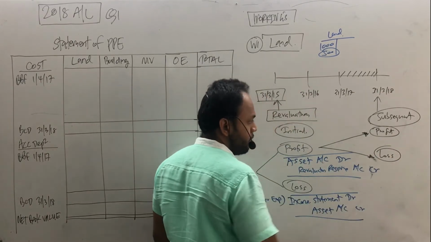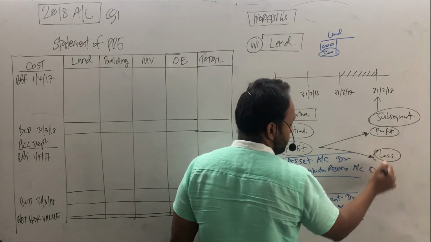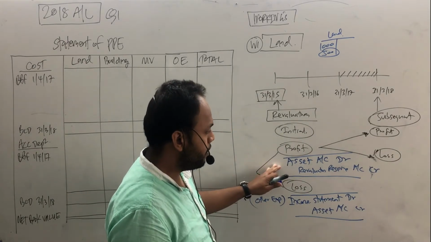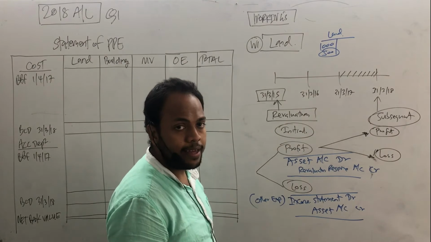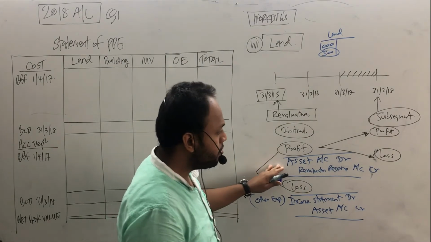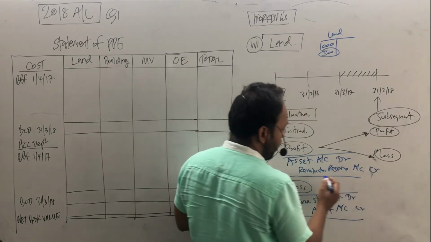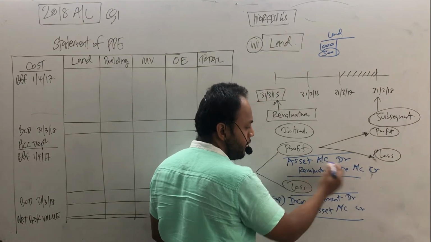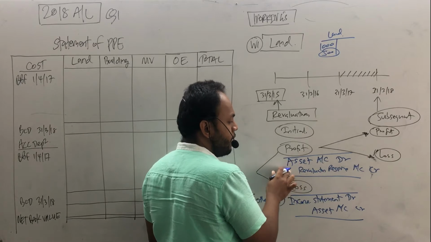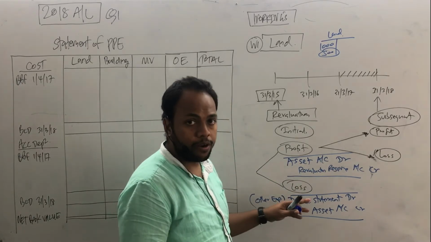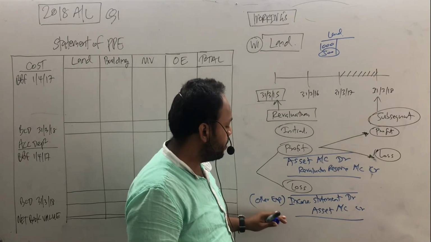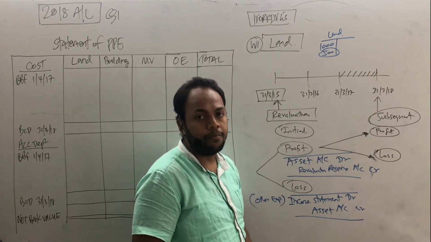If it is a loss, what do you do? Up to the amount you transferred to the revaluation reserve, you have to debit the revaluation reserve account. Any additional amount should be transferred to the income statement.